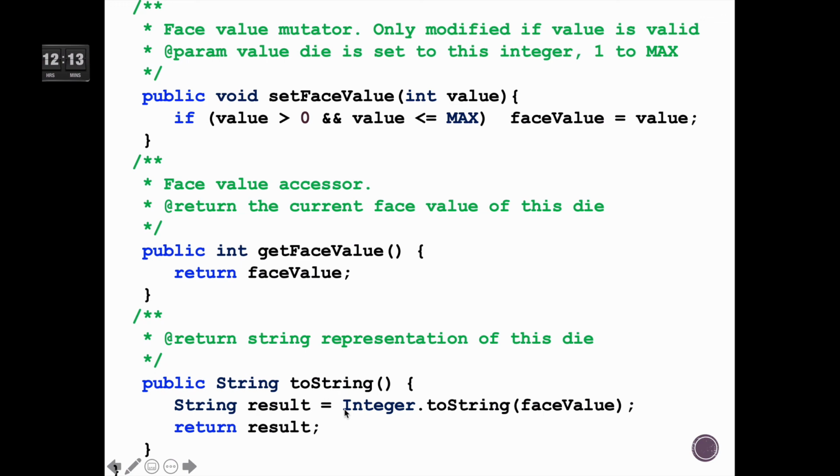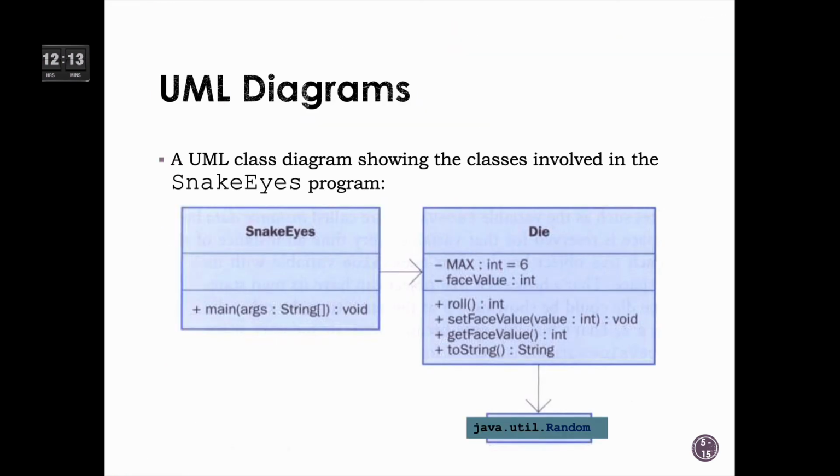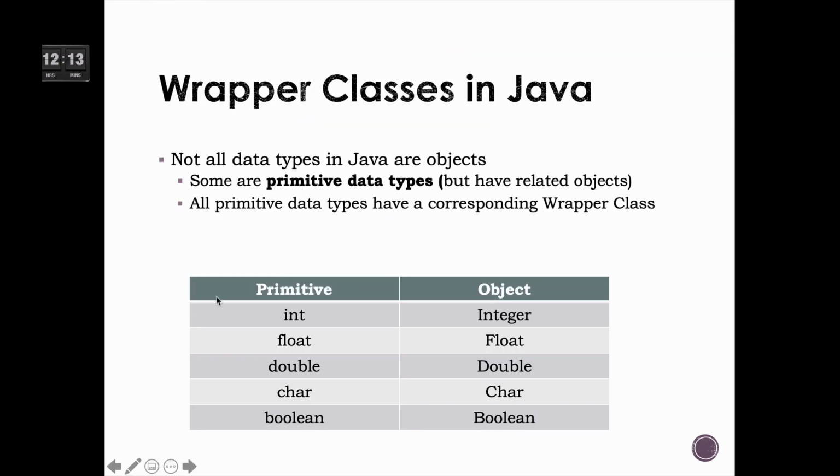So let me explain now what this Integer means. As you remember, in Java, we have these primitive data types like int, float, double, char, boolean, and long, which I have forgotten to write here.